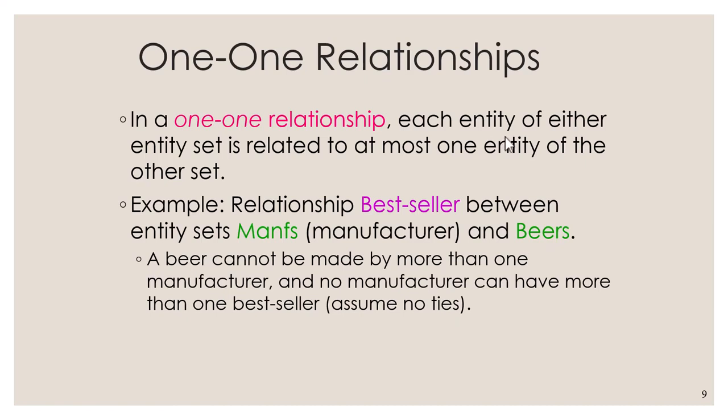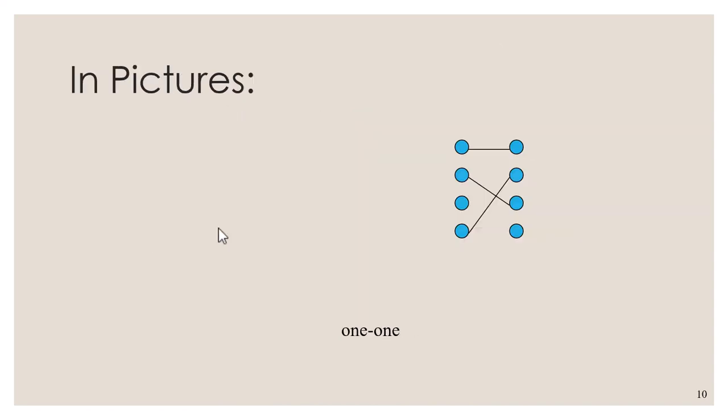So that's going to be the one. Okay, and then no manufacturer can have more than one bestseller. Okay, they could have multiple beers that sell well, but the bestseller that sells the most, there's exactly one, assuming there are no ties. Okay, so this is going to be an example of a one-to-one relationship. Okay, so there's exactly 1, 1, and 1.